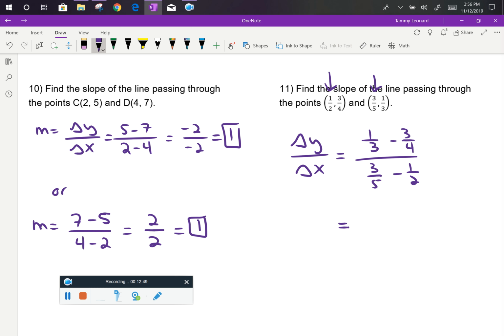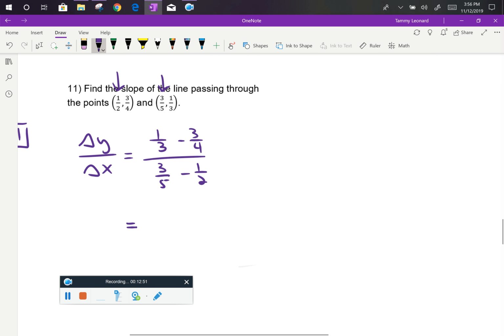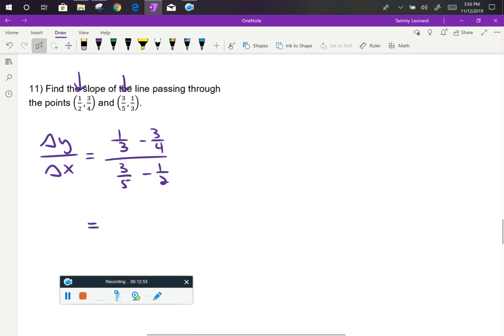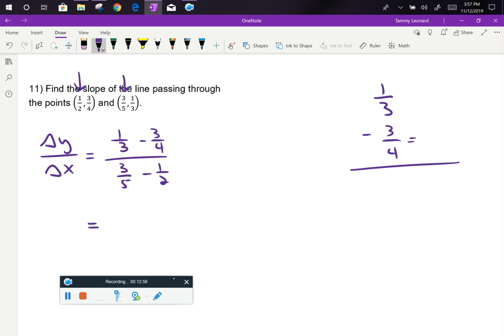Now we can see we basically have 2 subtraction problems to do, so I'm going to do the fractions out off on the side. If I have 1/3 minus 3/4, remember I need a common denominator. And since 3 and 4 have the least common multiple of 12, that will be my common denominator. For the top fraction, I would have to multiply the 3 by 4 to get 12. So I also have to multiply 1 by 4.